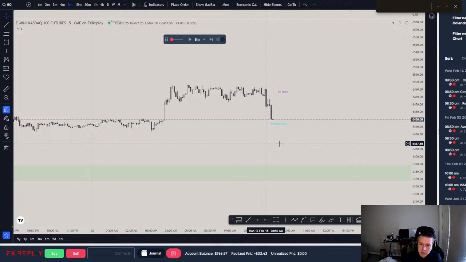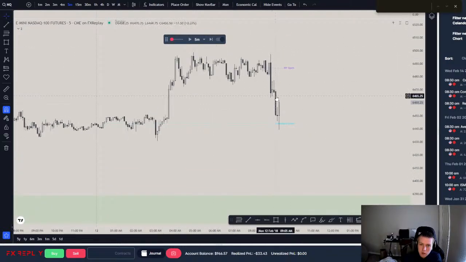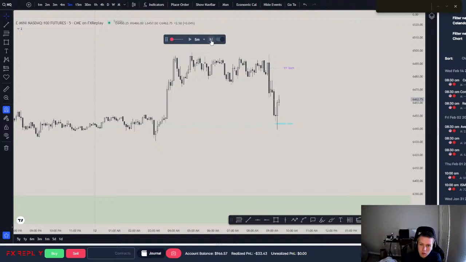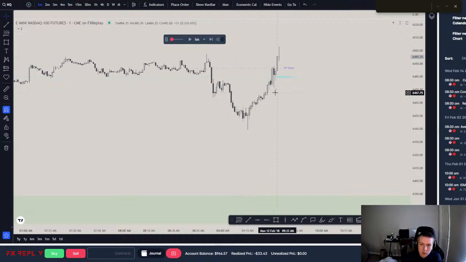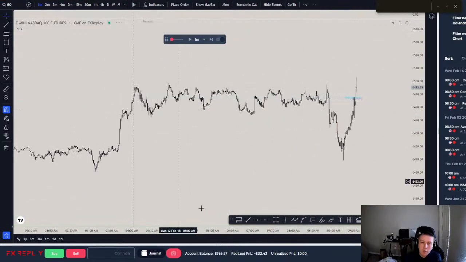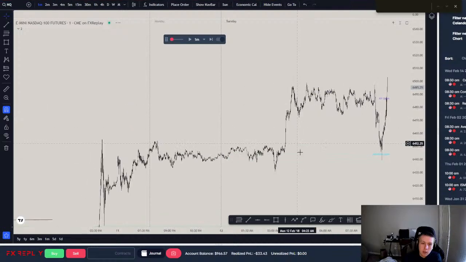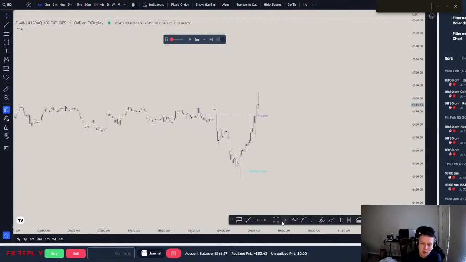Okay, we might want this imbalance here. Okay, market just opened here. I would avoid this day. Or let's just say 950, we're waiting for 950 macro for sure.